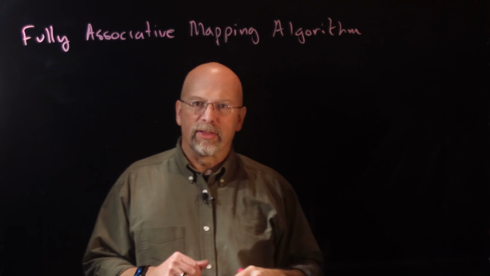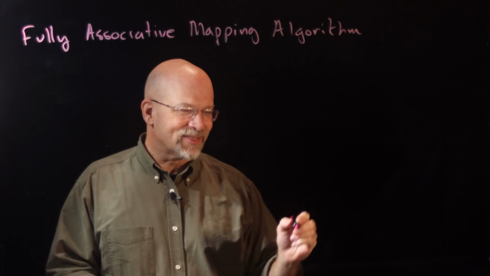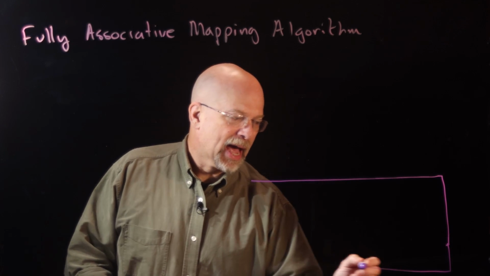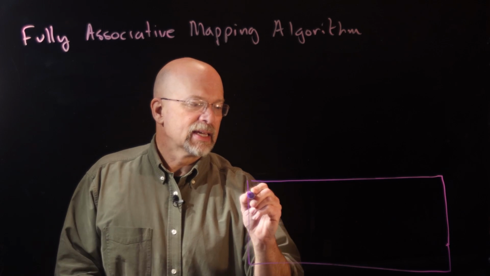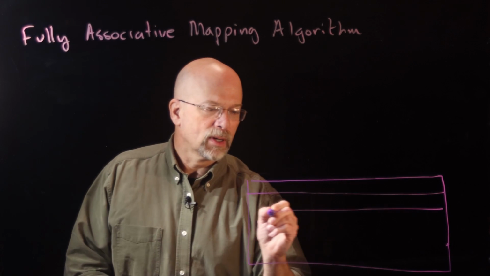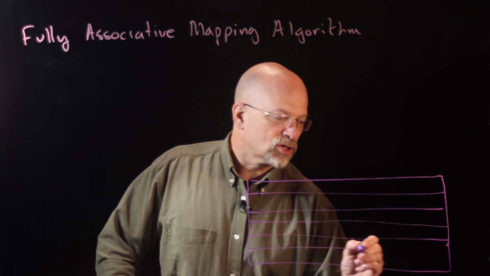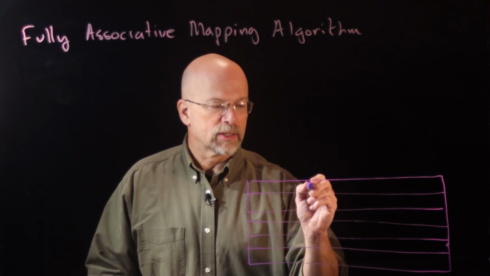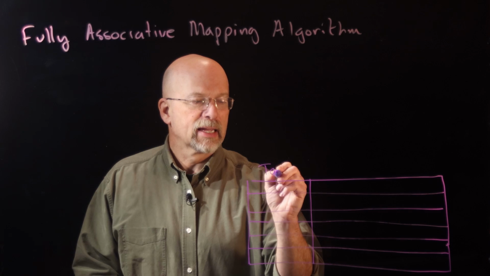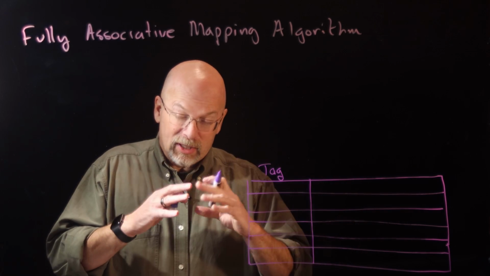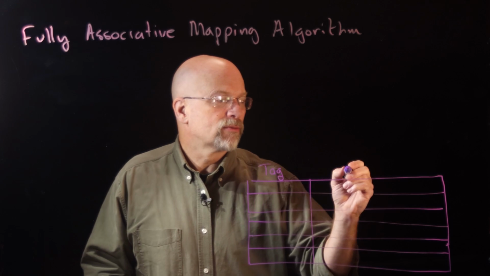Now, to begin with, let's review what the insides of a cache looks like. If you recall, if we've got a cache, it is divided into lines. Each one of those lines contains two basic components. They have the tag, and then it also has the element or the block of data that we've brought in from memory.